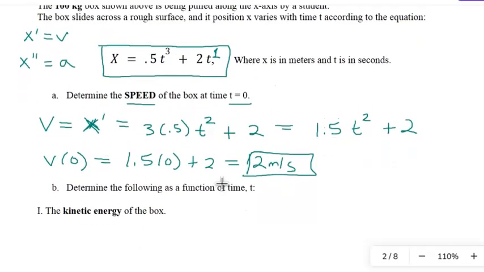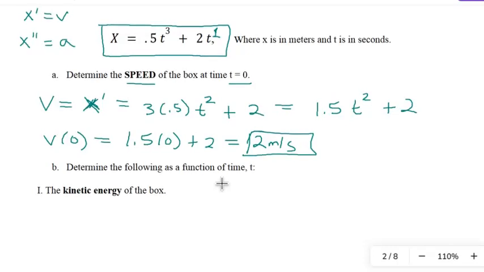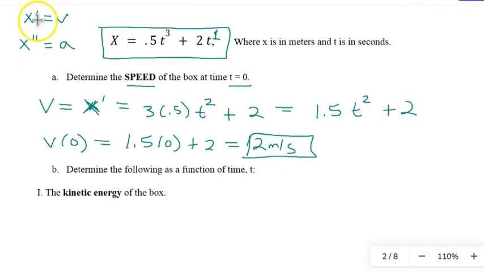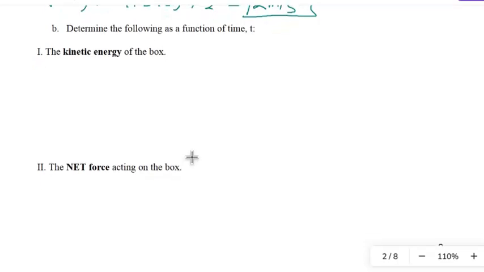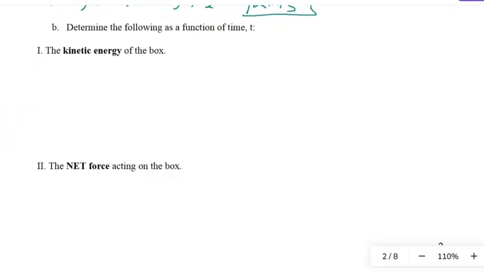Okay, so again, they're just testing, do you understand the relationships? And you will absolutely take the derivative of a position function on the next quiz. Okay, determine the following as a function of time. The kinetic energy.